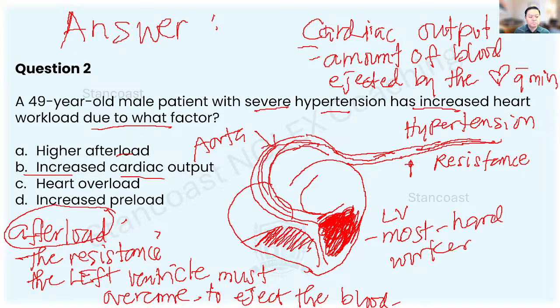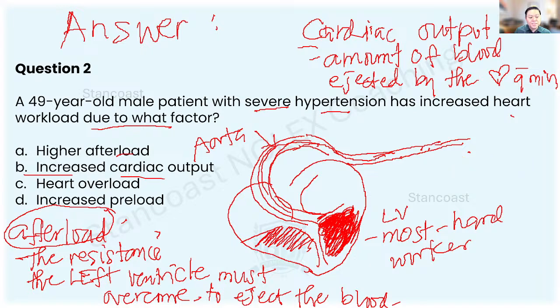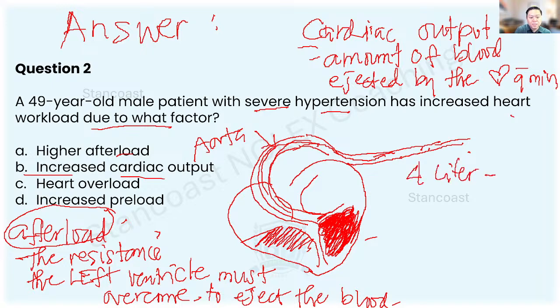Now, what is the normal cardiac output? If I may ask you, what is the normal cardiac output? Well, in the adult, the normal cardiac output can vary. It can range from, let's say, 4 liters to 6 liters per minute.